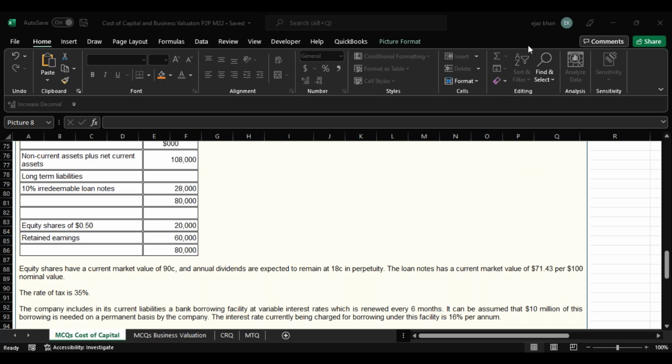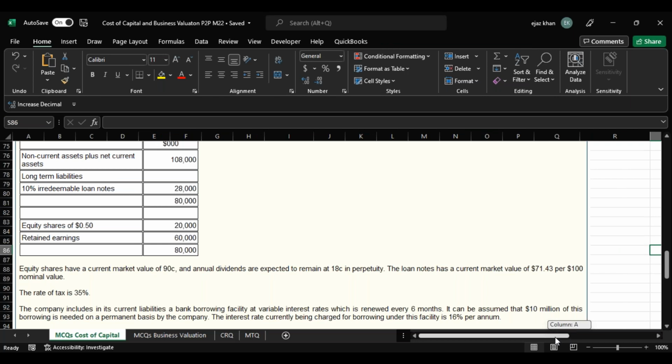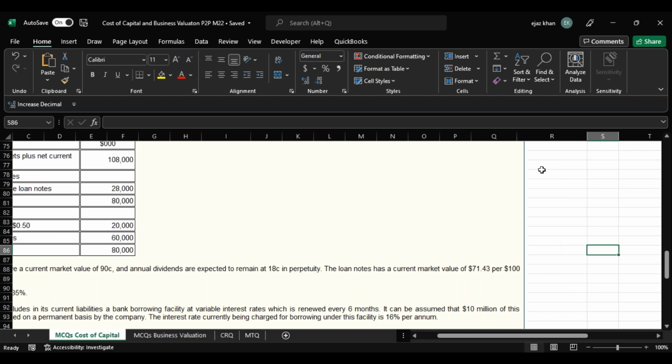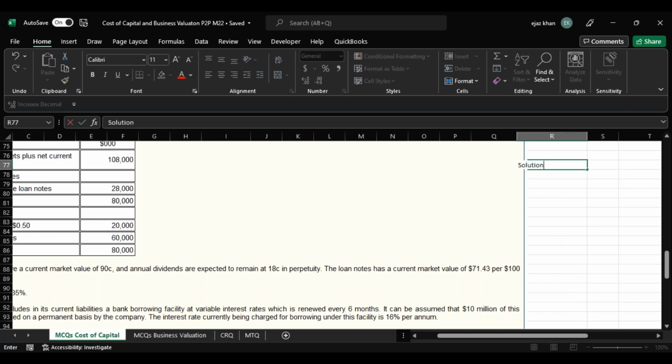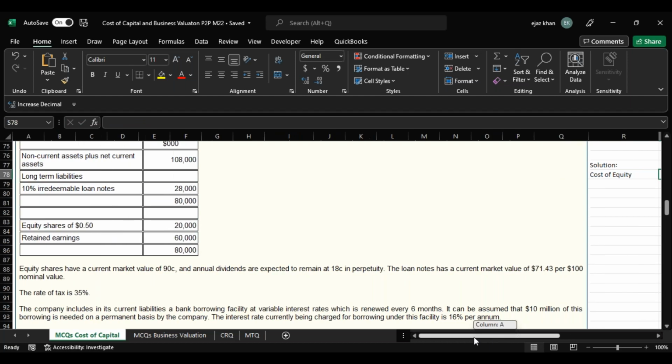So let us firstly see the cost of all these three sources of finance. First of all, let us calculate the cost of equity. Cost of equity will be calculated using the dividend valuation model.